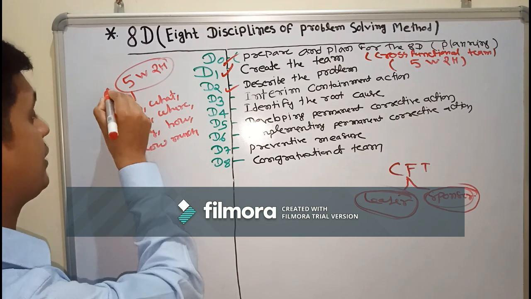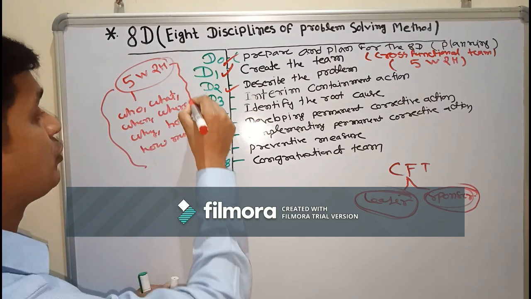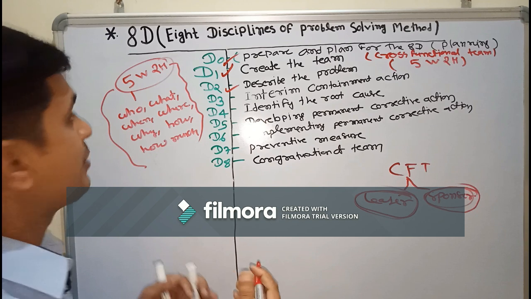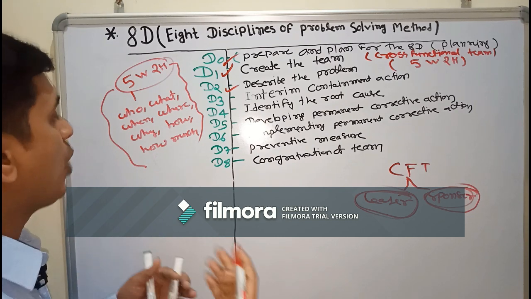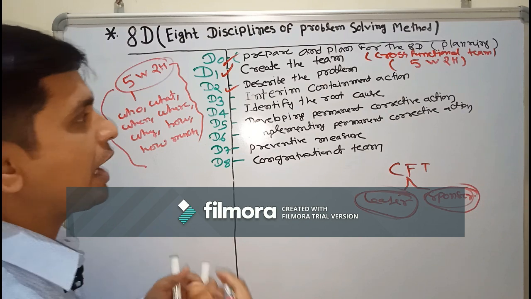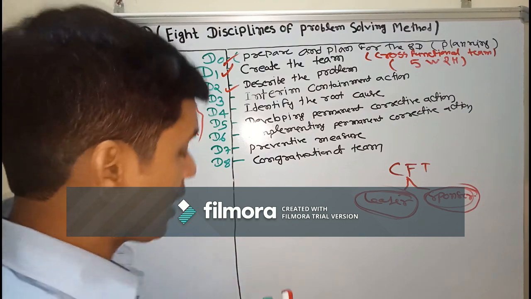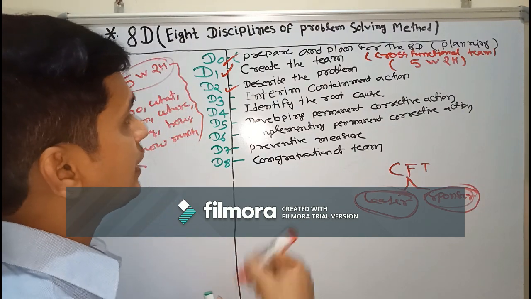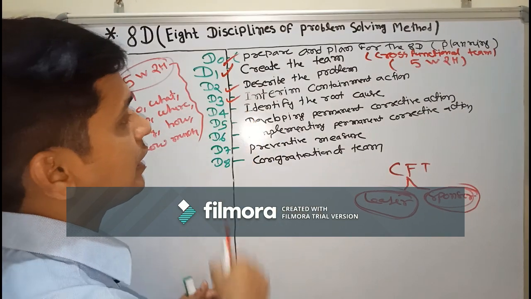That is very important. So when you ask your team members who, what, when, where, why, how, and how much, you finally find the problem. After finding the problem, take some interim containment action.